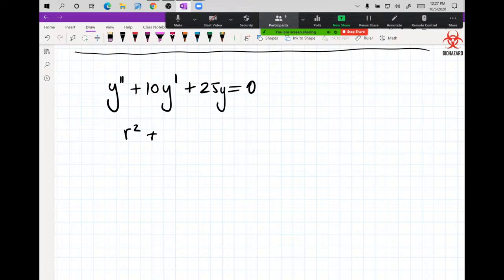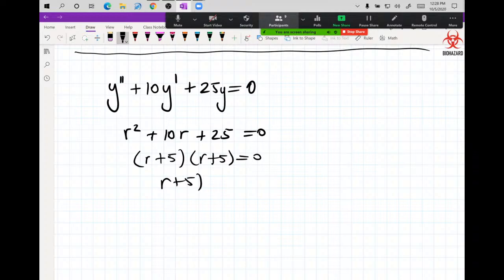I hope you discovered that this is the perfect square, like the square of a binomial. It factors into r plus 5, r plus 5. So r plus 5 squared equals 0, and that gives you that r1 is equal to r2, equal to -5.